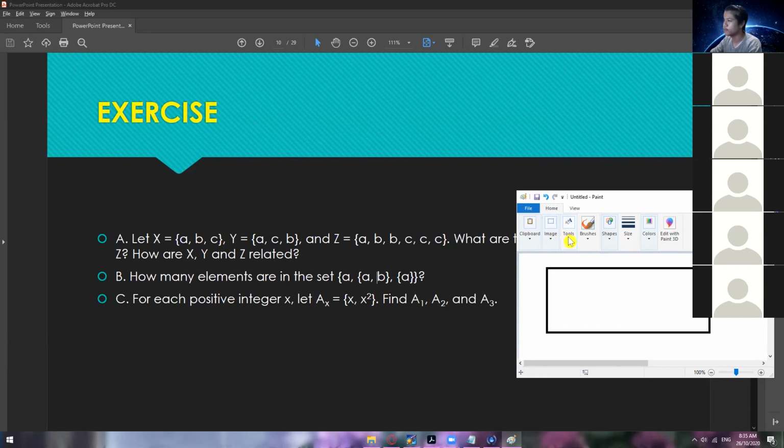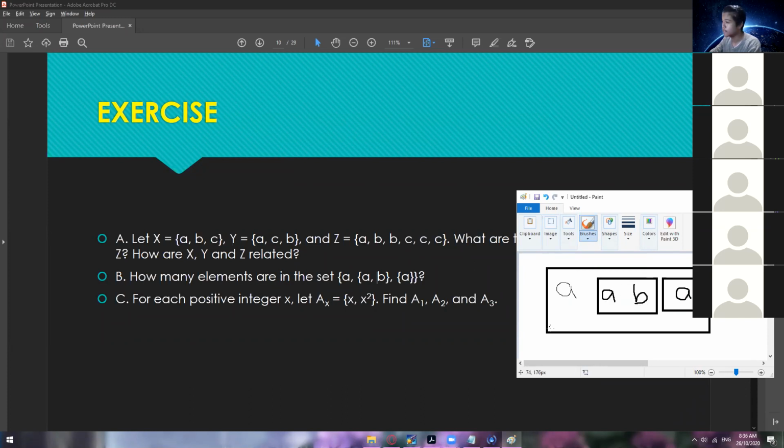And then inside of it, we have A, and then another set which contains A and B, and then another set which contains element A. So, as you can see right here, kung bibilangan nyo lahat-lahat to, we have 1, 2, and then 3.